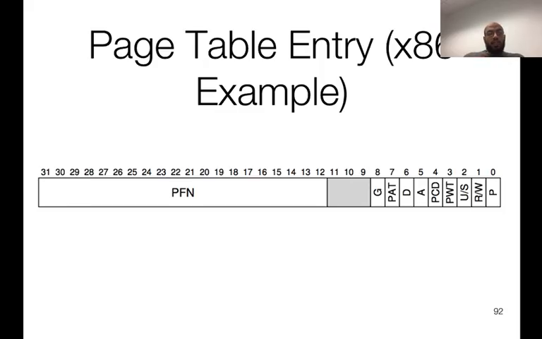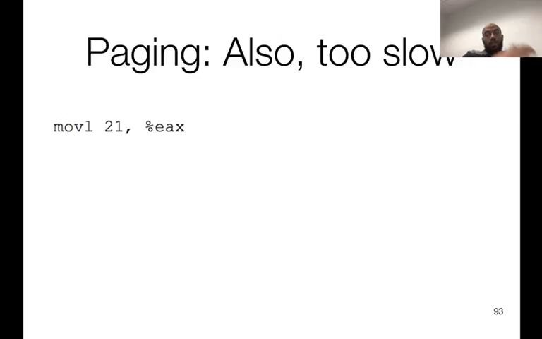So this would be a typical entry in your x86 page table, where you have 20 bits for the address translation, and a few other bits, basically flags, that tell you whether it's readable, writable, executable, and so on.